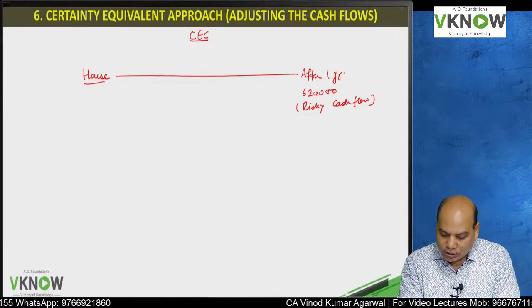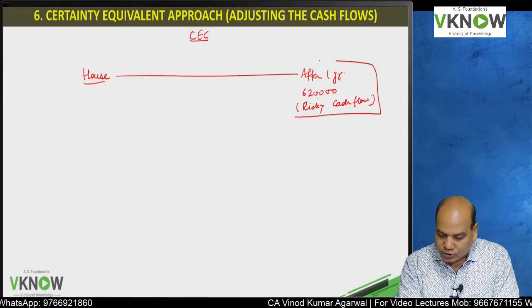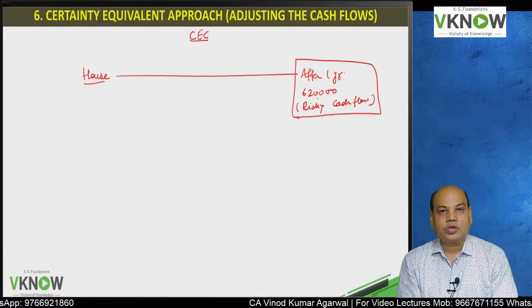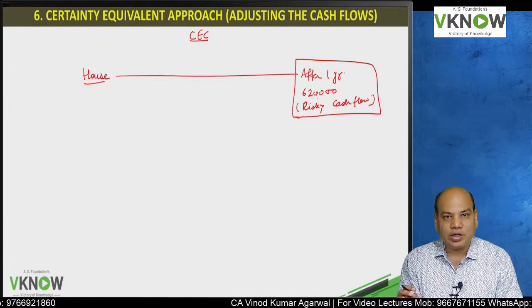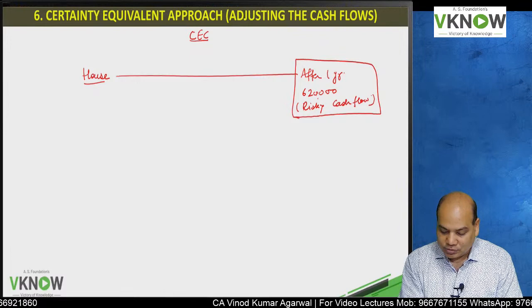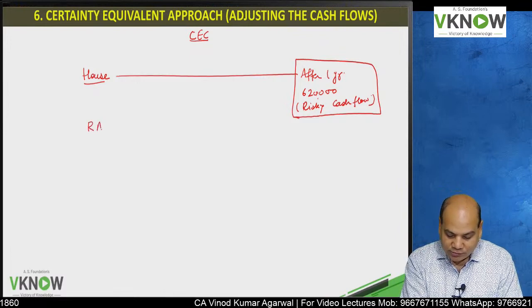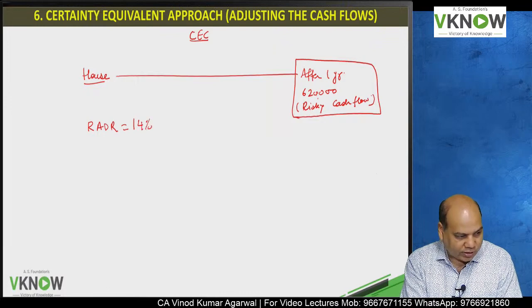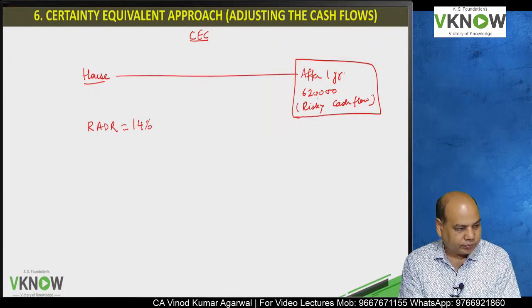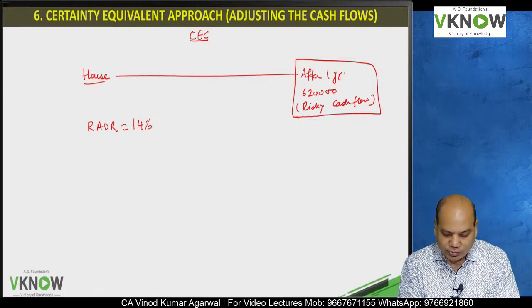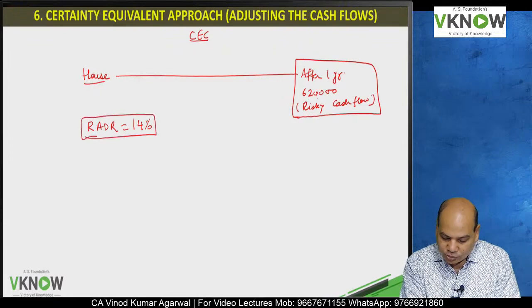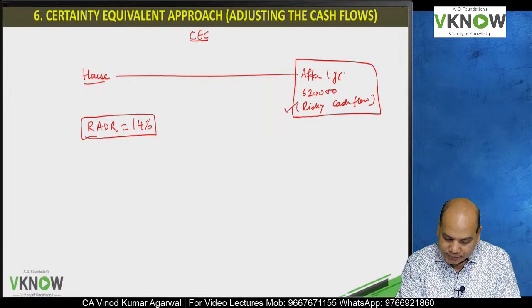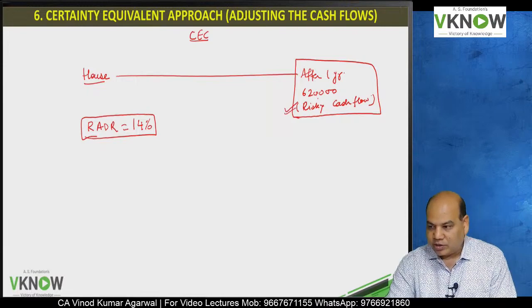Now, if cash flow is risky, you are going to calculate present value at a risk adjusted discount rate. Let us say the risk adjusted discount rate is 14%, which means if the cash flow is risky, the discount rate will be the risk adjusted discount rate.